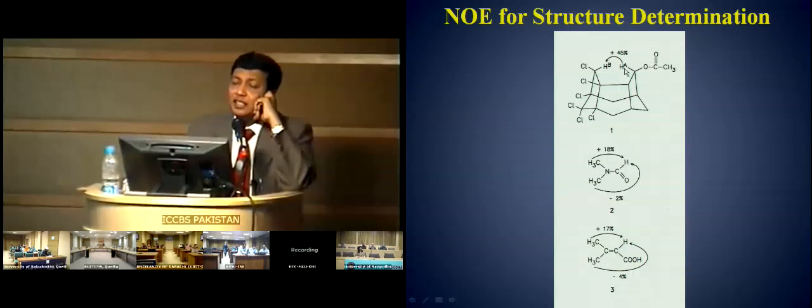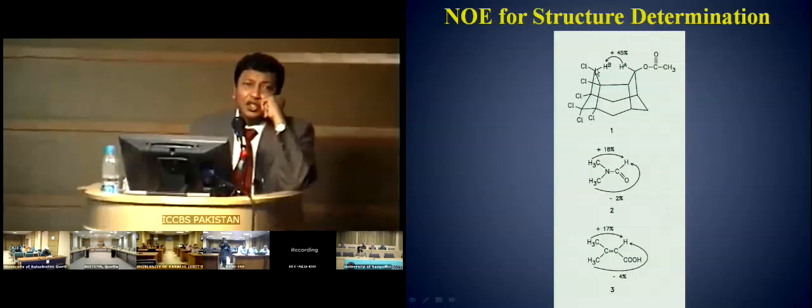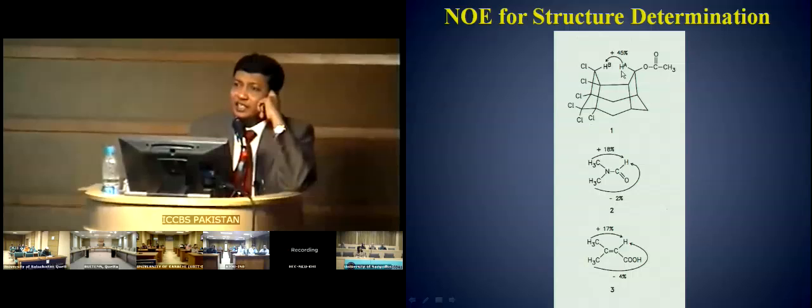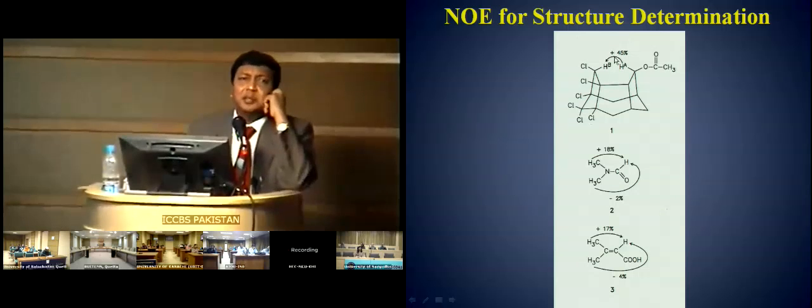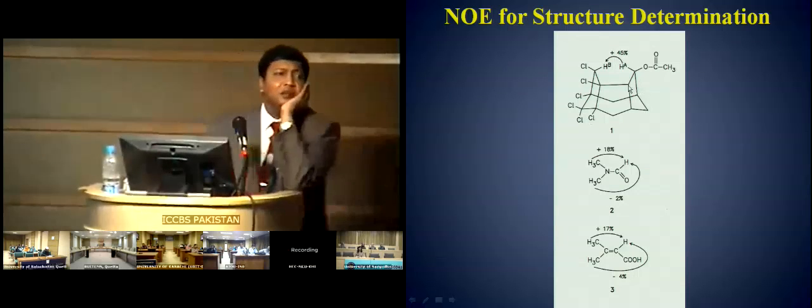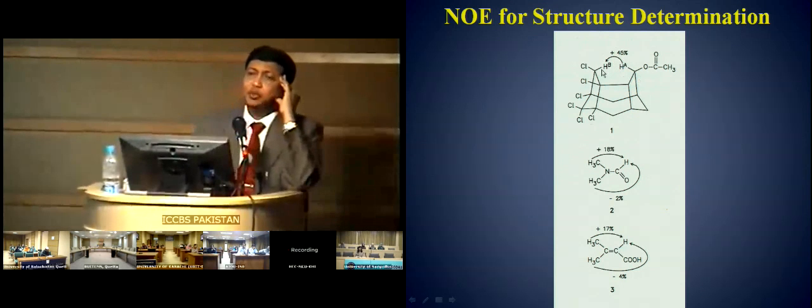That means that HA is close to HB. But if you irradiate HB with HA, it's not necessary that you would have a 45% increase on HA. No, not necessarily. It can be only 10%, 5%, 6%. I'll tell you multiple reasons why HA is different from HB.